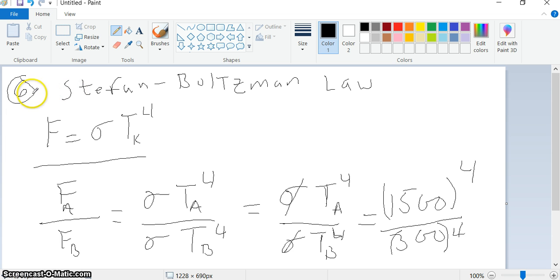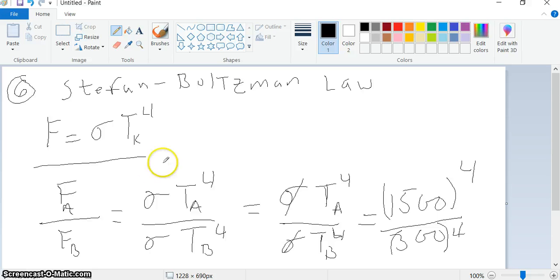So number 6, let me read it. It says 2 otherwise identical objects have temperatures of 300 Kelvin, that's the one I'm going to call object B here, and 1500 Kelvin respectively. Which one radiates more energy, and by what factor does the emission exceed the emission of the other?